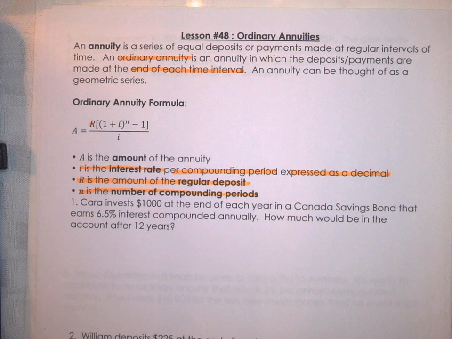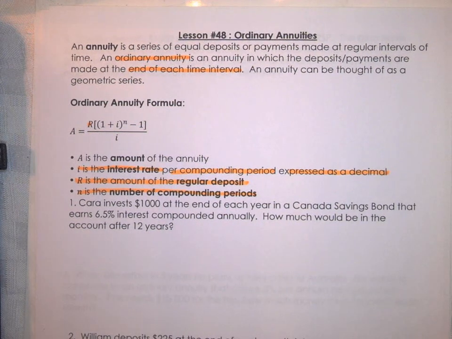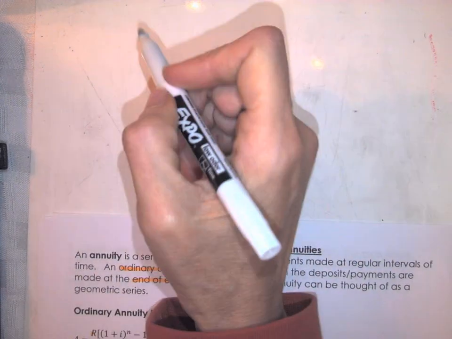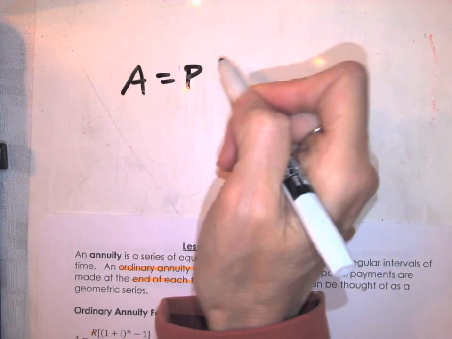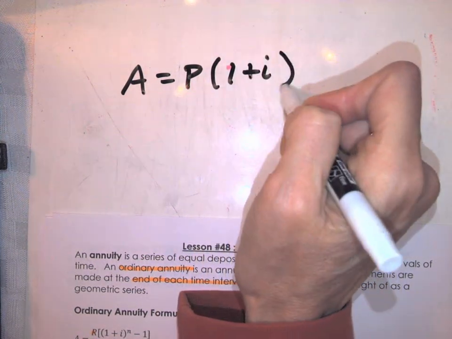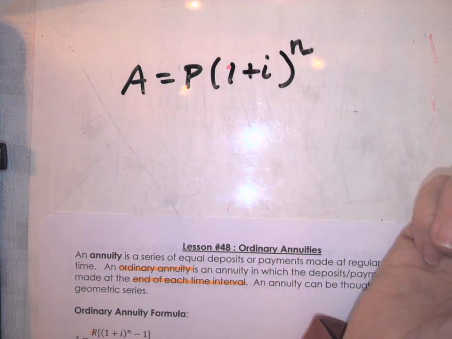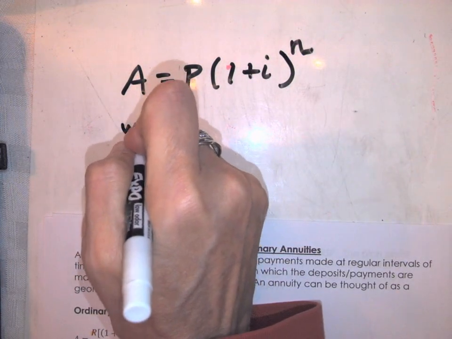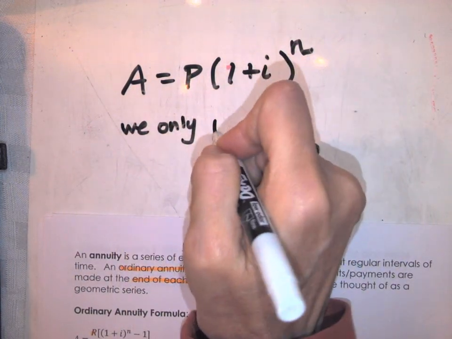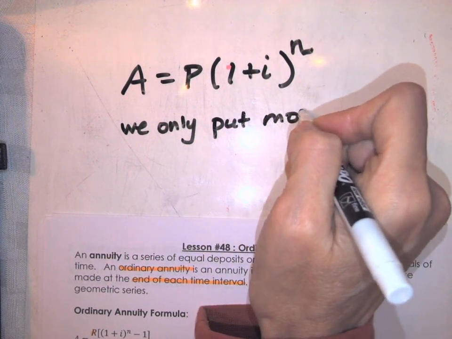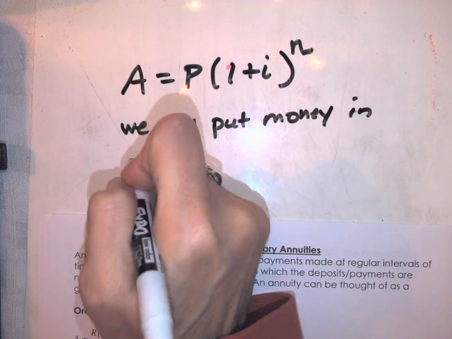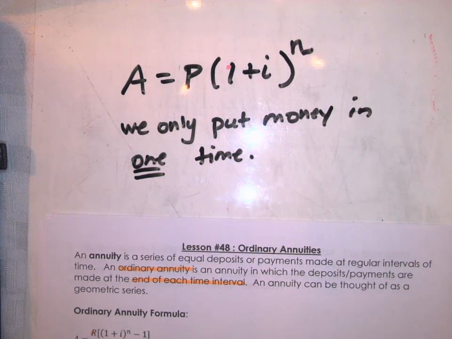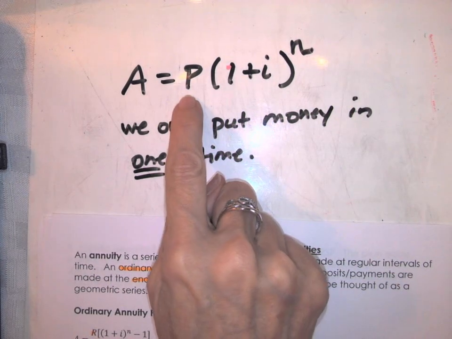So just going to remind you that the financial application we've already done was compound interest. And the formula for that was A equals P times 1 plus i to the power of n. The big difference between the two is that in this case, we only put money in one time. We call that our principal.